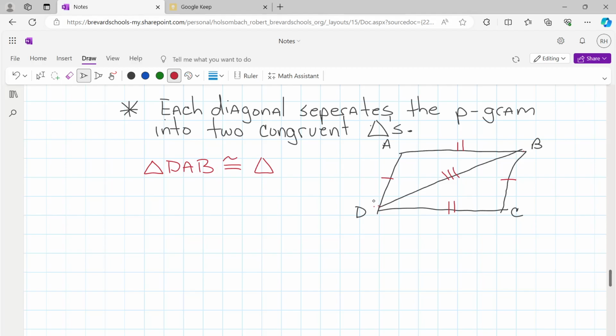We went DAB. So we started at D, we went to A, so we went across the side with one tick mark. That means when we start naming the second triangle, we got to start at point B, and we got to go across the first tick mark down to C. So B, C, D. All right, those two triangles are congruent to each other.